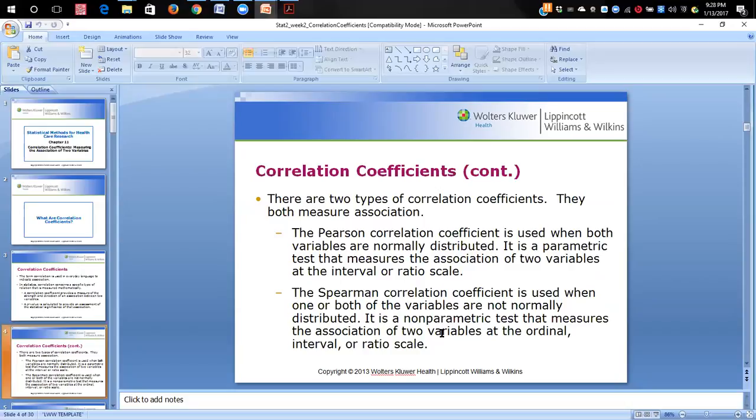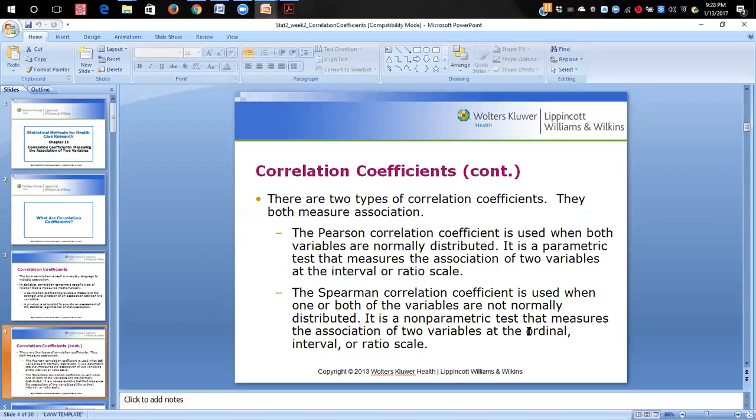This is so important that when you have ordinals, such as those Likert type questionnaires, those are ordinal type of data. They are not interval, which means that the distance between one value is exactly the same as the other distances in different levels, or ratio, which has the highest level of measurement, with a natural 0 point.